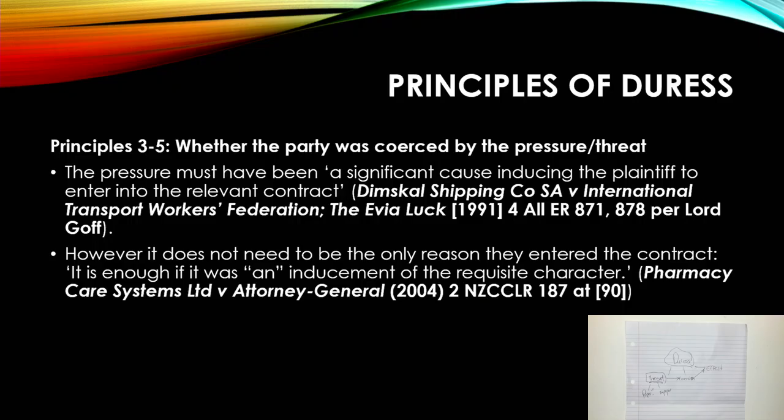Right, then we get to the coercion step, okay, or the inducement step. And this is the idea that the threat and the entry into the contract must have a causal link, okay? So the threat to the contract entry, you must establish this link, okay?